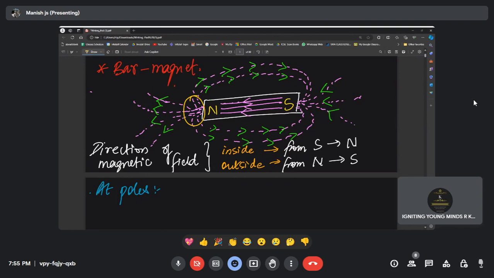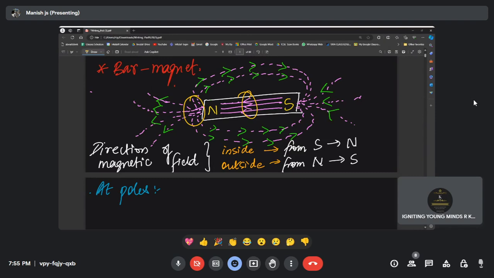Now, when the maximum number of magnetic lines of force pass per unit area, you say the magnetic field strength is typically high. The same thing applies to the region between north and south. There are just three lines. That's it. So the number of magnetic lines of force passing per unit area is typically less there. That is the reason we say the poles are the strongest area of magnetic field strength.